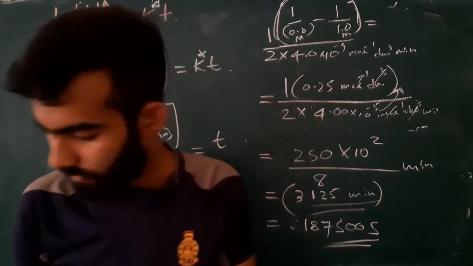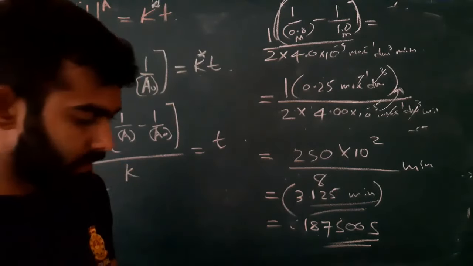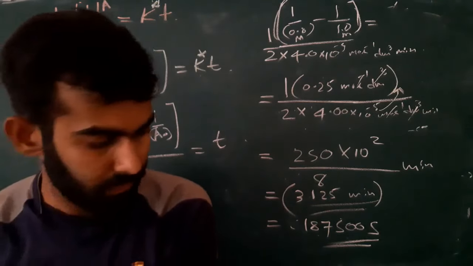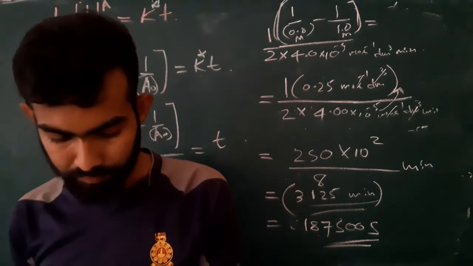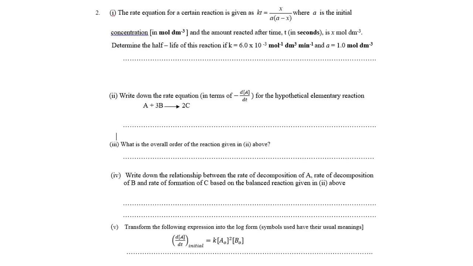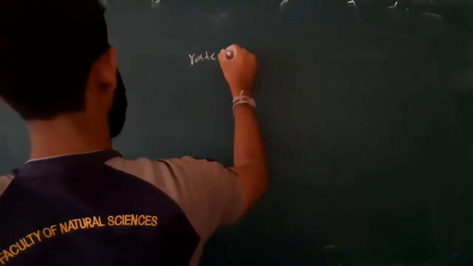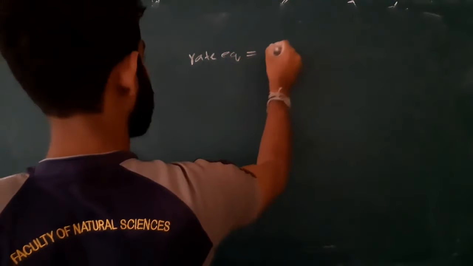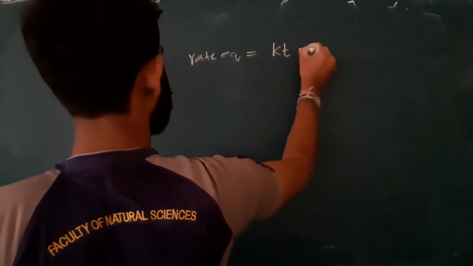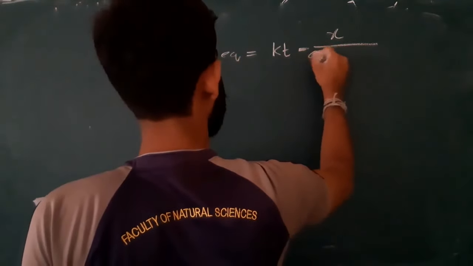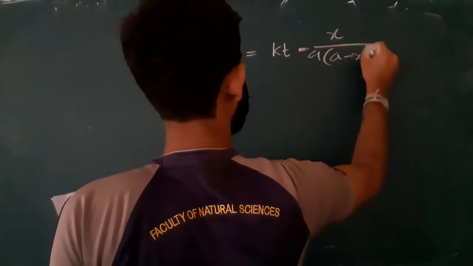Okay, and now part A of this question paper. They have given us a rate equation of a reaction as kt equals x divided by a minus x.